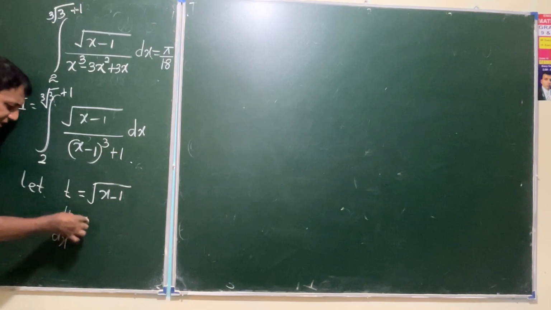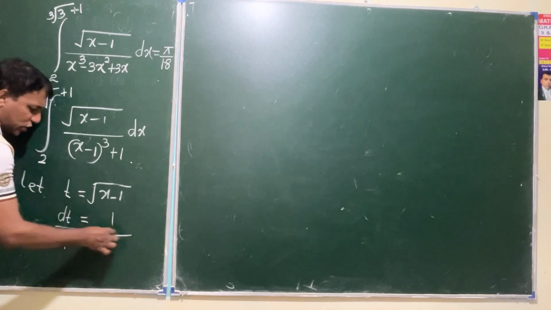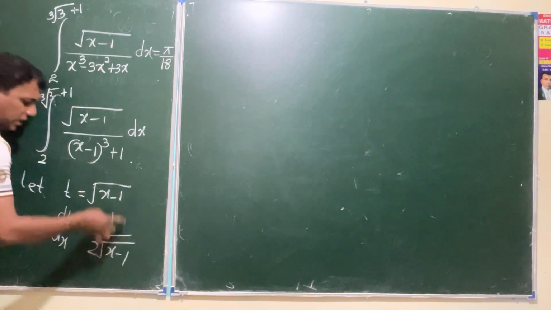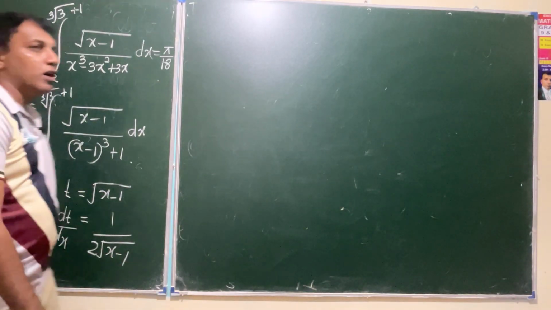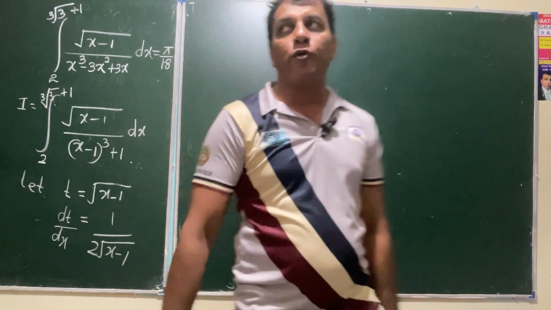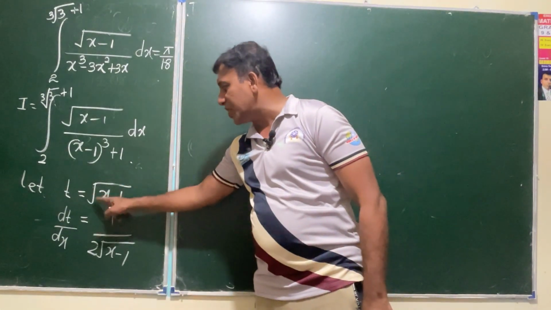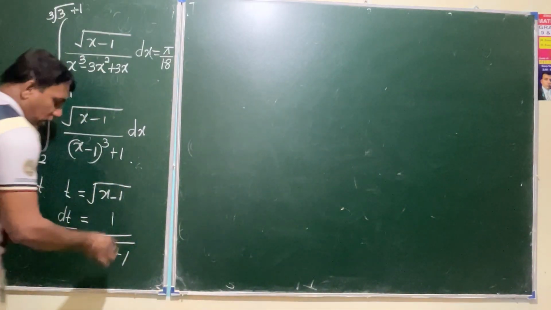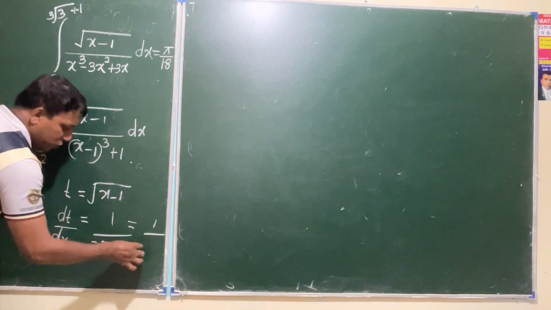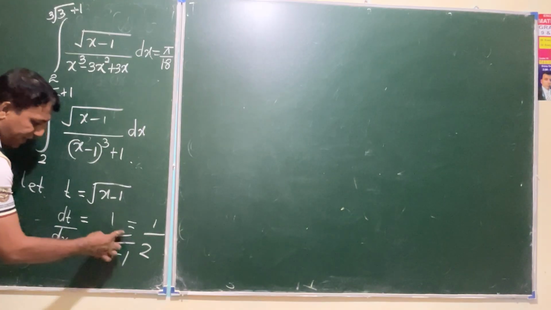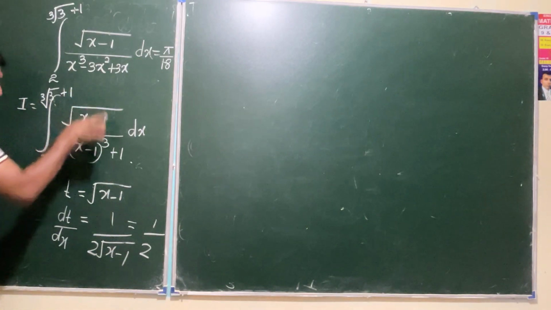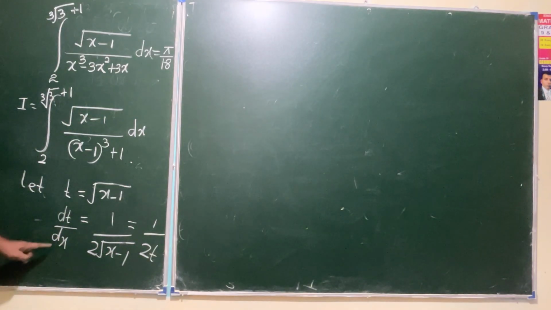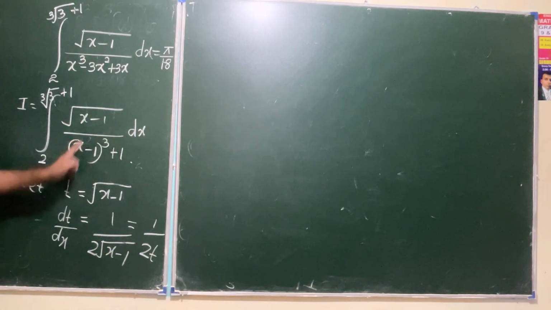The derivative of the square root is 1 over 2 times the square root, and the inner function x has derivative 1. So dt over dx is 1 over 2 times the square root of x minus 1, which is my t. Substituting, I can write dx equals 2t dt.